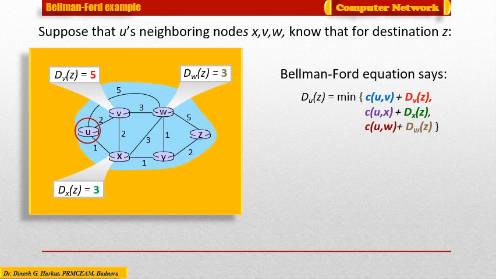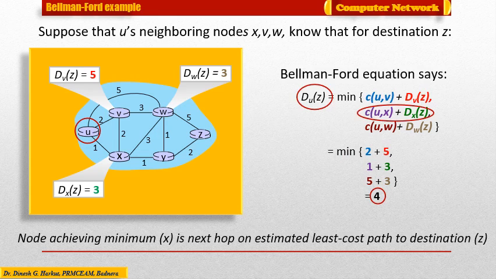After substituting all these values, it comes out to be 2 plus 5, 1 plus 3, and 5 plus 3. We need the minimum of these three values, which is 1 plus 3, that is 4. Hence dUZ, the least cost path from U to Z, is 1 plus 1 plus 2, that is 4. Hence, we can say that the Bellman-Ford equation is valid.